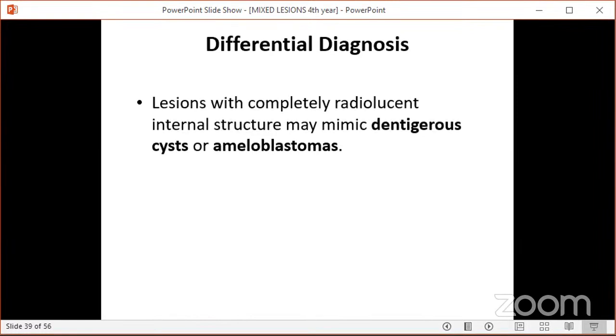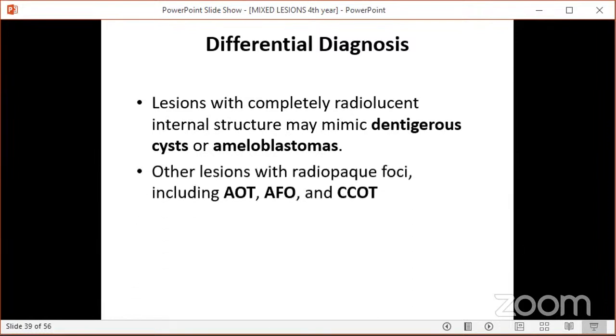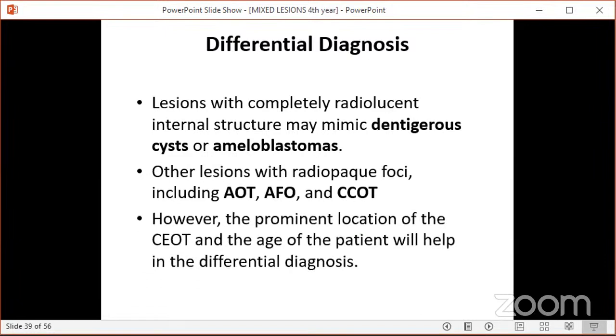What are the differentials? So lesions with completely radiolucent internal structure may mimic dentigerous cysts if they are pericoronal, or ameloblastomas. The other lesions with the radiopaque foci will be the adenomatoid odontogenic tumor, the ameloblastic fibroodontoma, and the calcifying or the cystic calcifying odontogenic tumor.